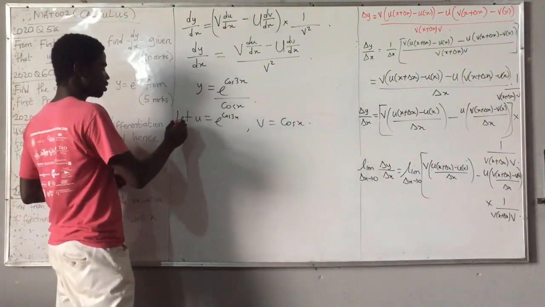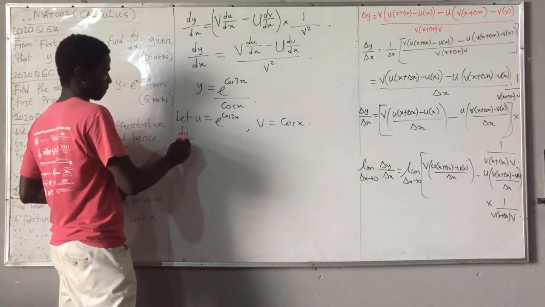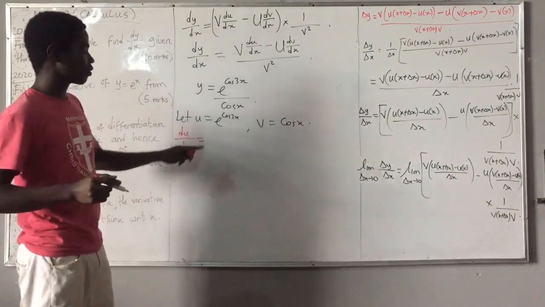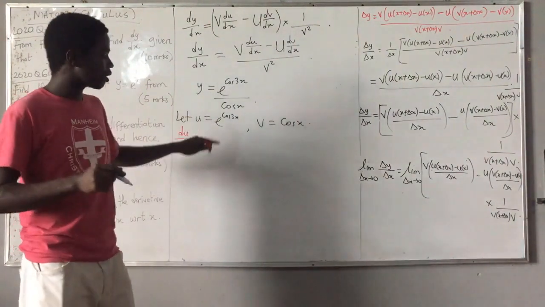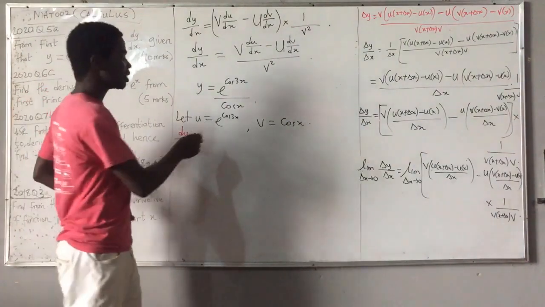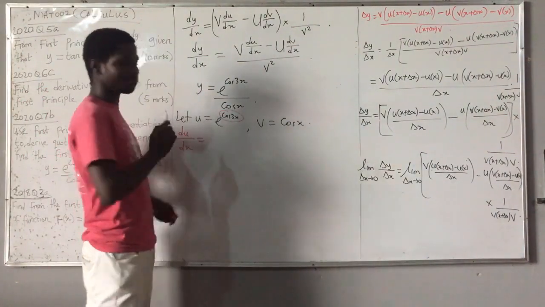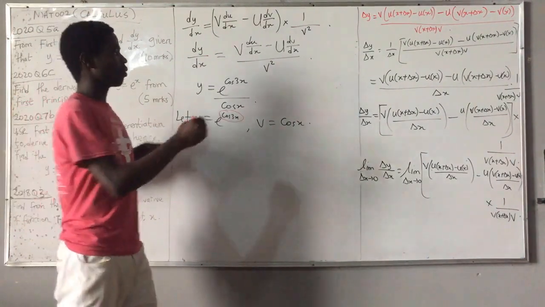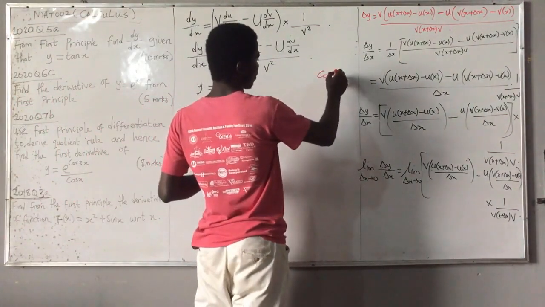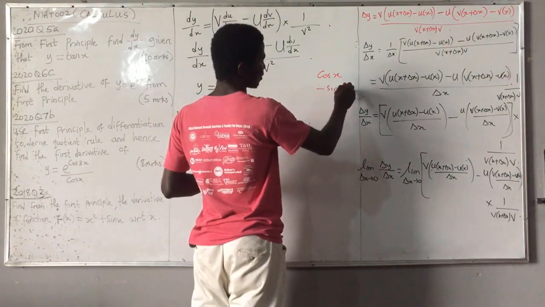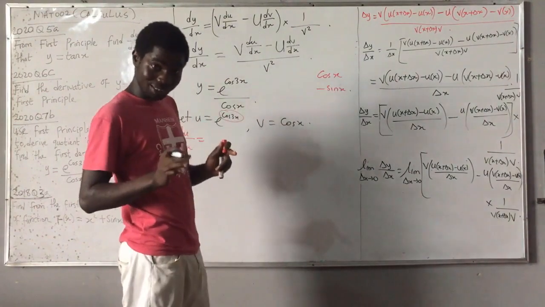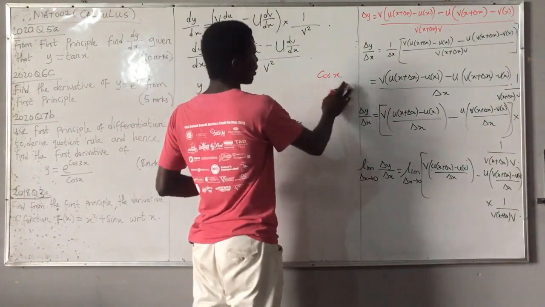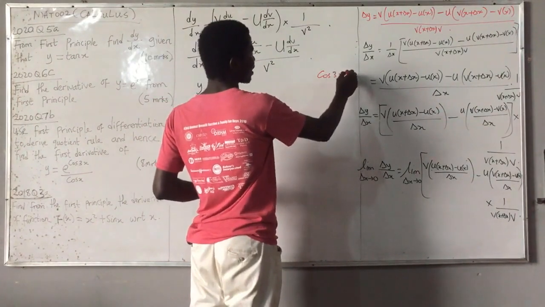Now, to find du/ds, look at it. When you have e raised to power something, if you want to differentiate it, differentiate the power. Differentiate cos 3s. When you want to differentiate cos, the answer is minus sine, right?